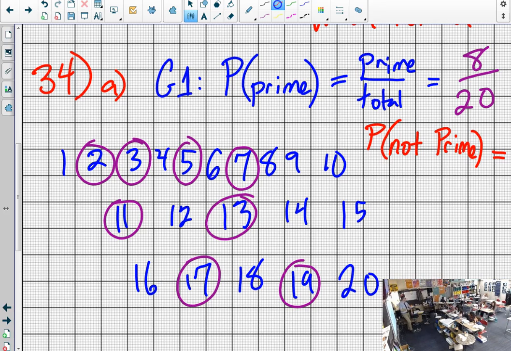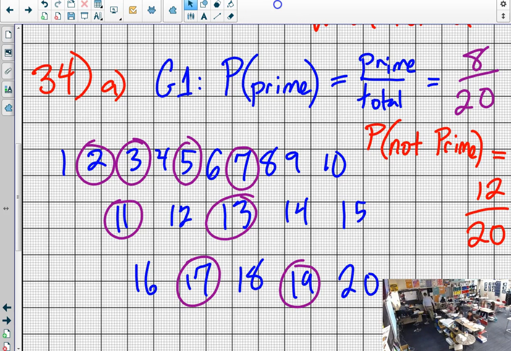If we know the probability of being prime is 8 out of 20, what's the probability of not being prime? How do you know that? Just do 8 minus 20. Yeah, it's everything that's left. If 8 of them are prime, 12 of them are not prime. So that answers both parts of A for game 1. Try game 2 and try game 3 with your partner.